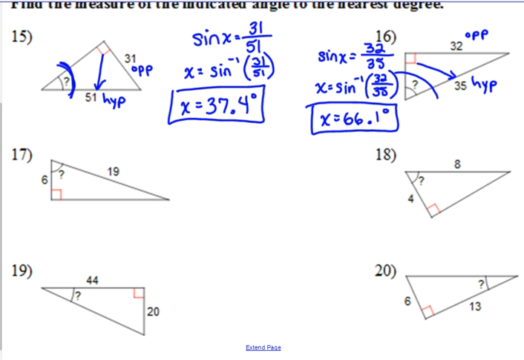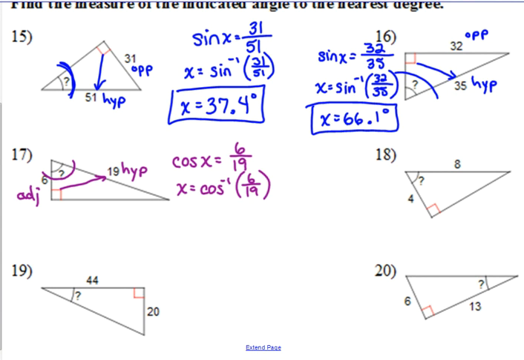All right, let's look at number 17. 19 is the hypotenuse, the right angle is pointing right at it. 6 is the adjacent. Adjacent and hypotenuse is cosine. Cosine of x is equal to the adjacent 6 over the hypotenuse 19. If you don't set those up right, your calculator is going to give you an error message.